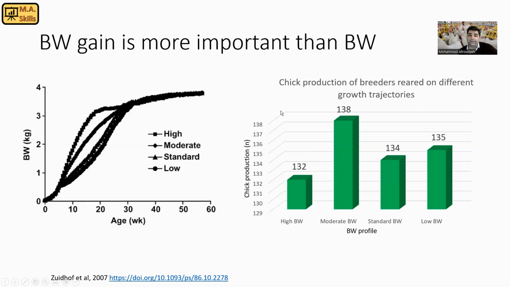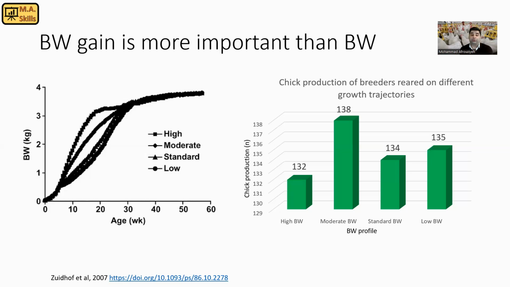It means that all of the birds, either from high body weight or low body weight, or standard or moderate, produced similar numbers of chicks. So these values are the average for that group. It means that there is variation inside each group as well. So from a statistical standpoint, their production was the same.